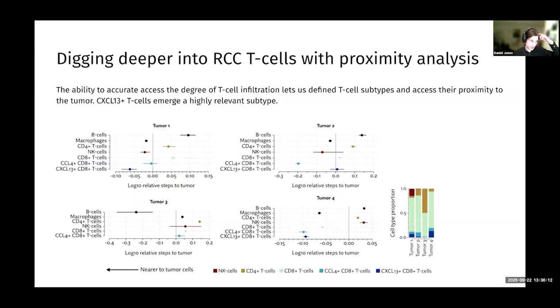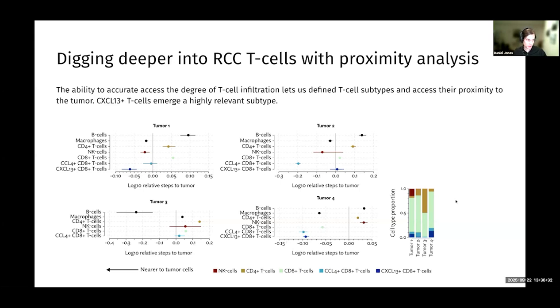And so this let us split up T cells into a bunch of groups and measure proximity to tumor. What came up was a somewhat consistent pattern of these CXCL13 CD8 T cells showing a greater proximity to tumor, with negative numbers being closer to tumor.